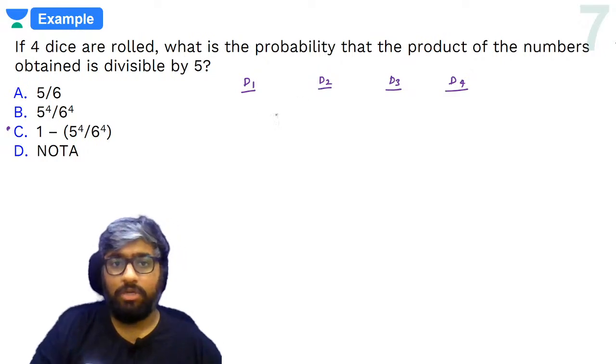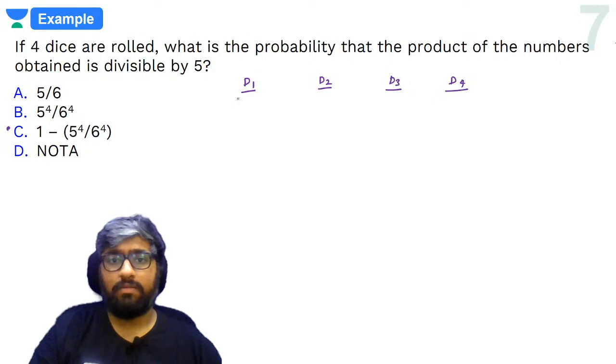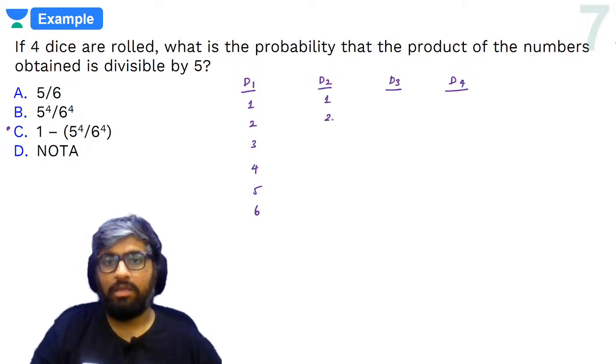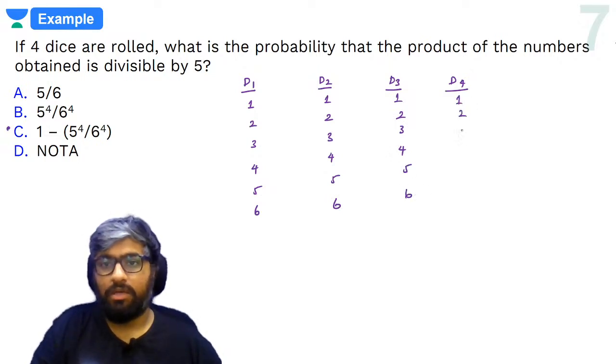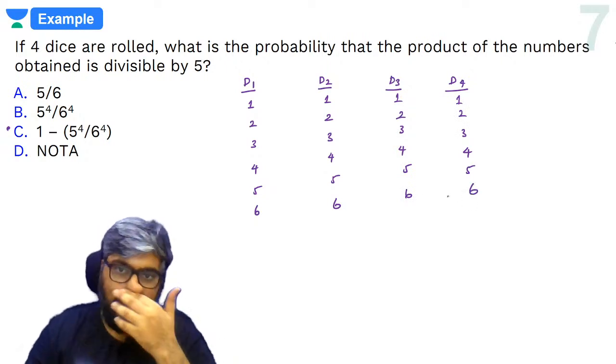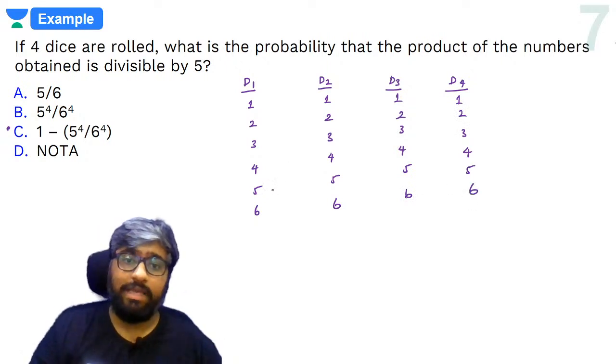Now it is not possible for me to find this individually. I have 1, 2, 3, 4, 5, 6 possibilities in each of these dice. It's definitely possible, but I'll have to go with PNC here.